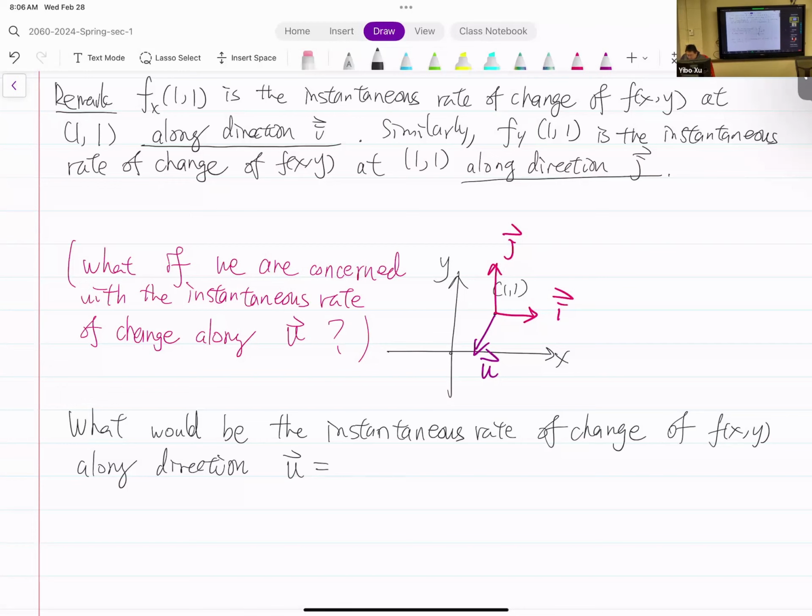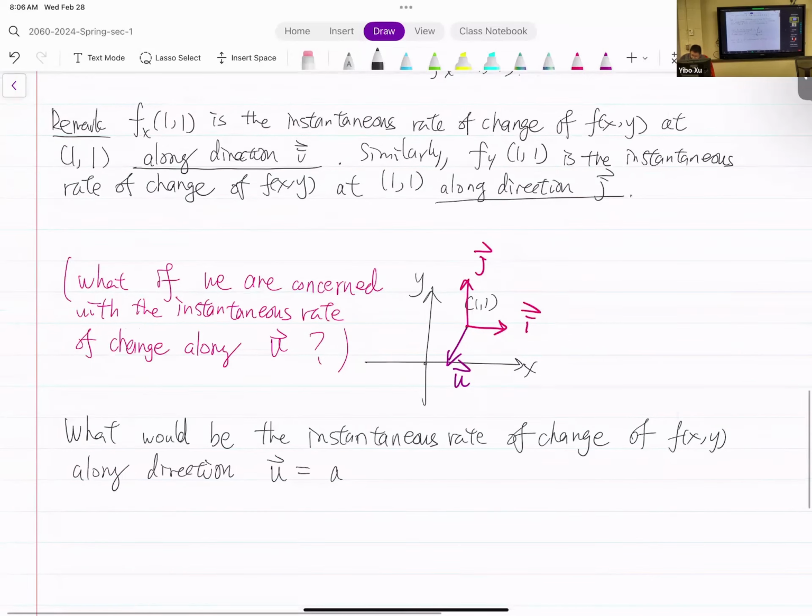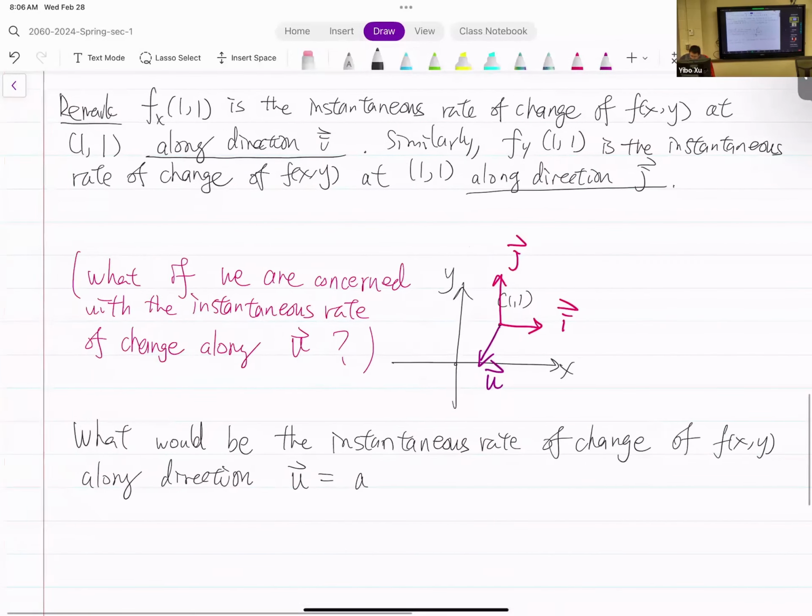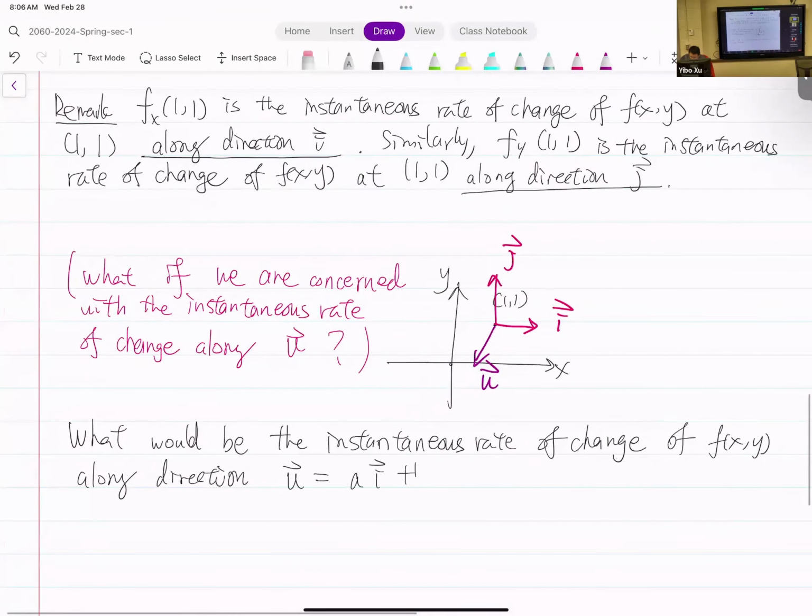It's an arbitrary direction, but it can always be represented as a combination of i and j. Right? Let's just denote it as a i plus b j, and assuming that u is a unit vector.